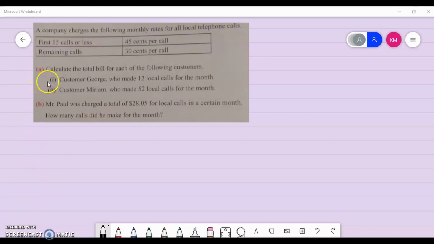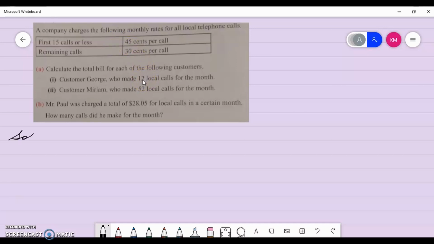So let's work out part one. Customer George made 12 local calls for the month. Now it states that if you make 15 calls or less, you are required to pay 45 cents per call. And George made 12 local calls. So he fell into this category here where he has to pay 45 cents for each of those 12 local calls.